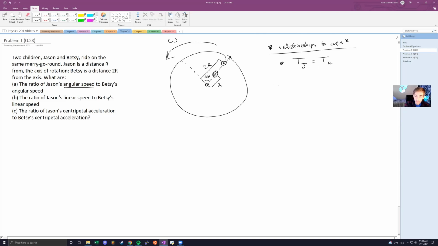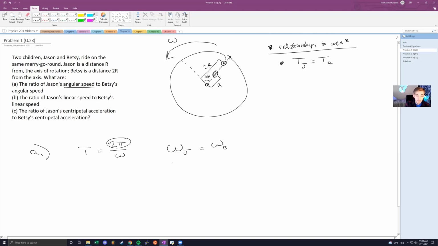Now we know the relationship that our period is going to be equal to 2 pi over omega. Well, if we know that both of the periods are the same and that 2 pi is just a constant, then we can make the exact claim that the angular velocity of Jason is going to be equal to that of the angular velocity of Betsy.